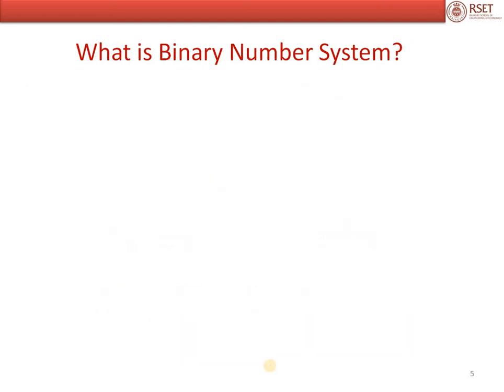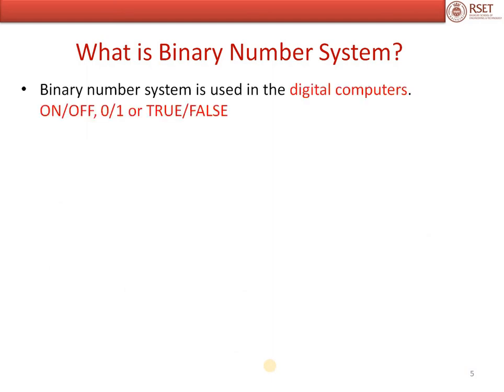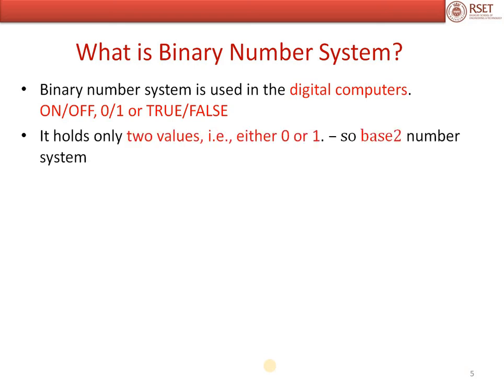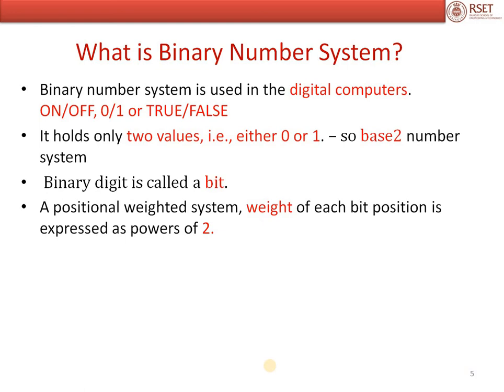The next one is the binary number system, and this is used, for example, in computers. It consists of only 2 values, 0 and 1, and its digit is called a bit. Here the weight of each bit position is expressed as a power of 2.